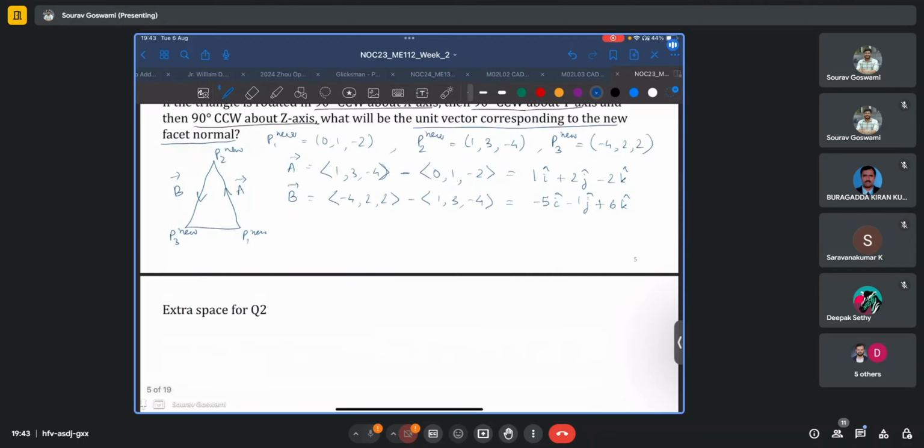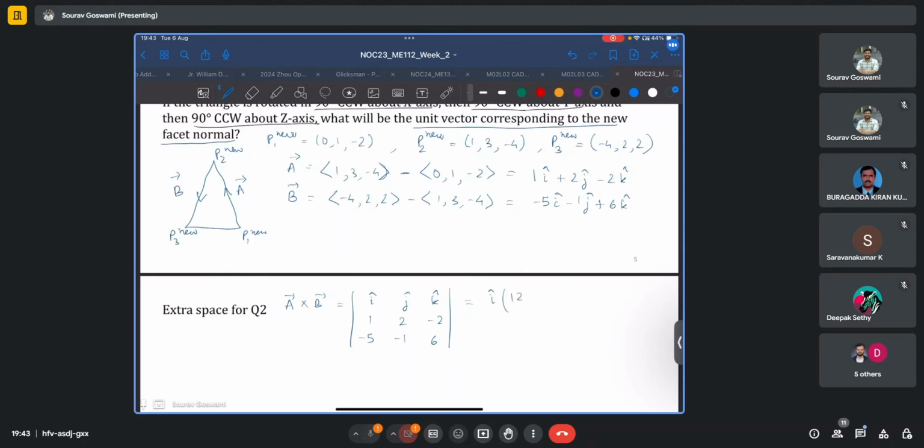Now we can calculate the cross product, which is simply the determinant of i j k, 1, 2, minus 2, and minus 5, minus 1, and 6. I will expand along the first row, but you can perform any equivalent operation.